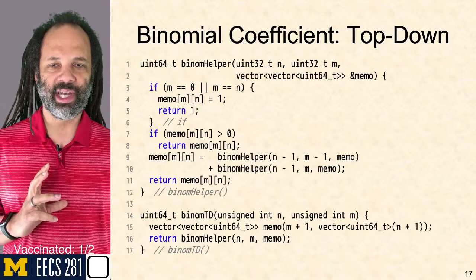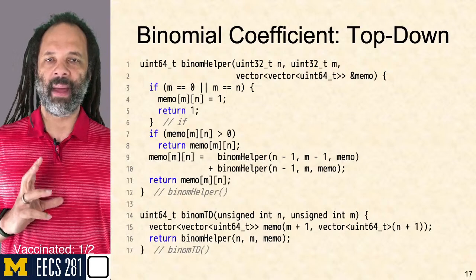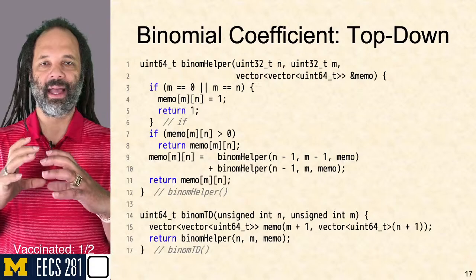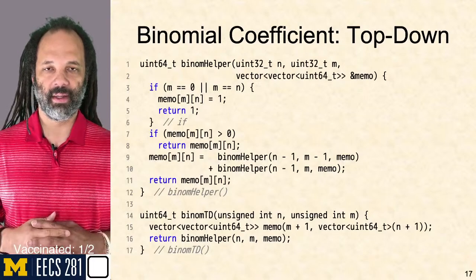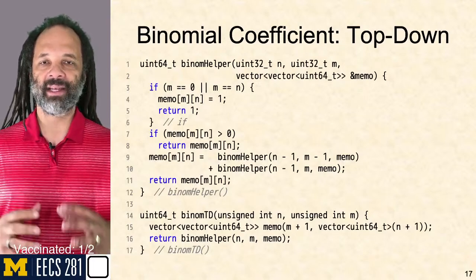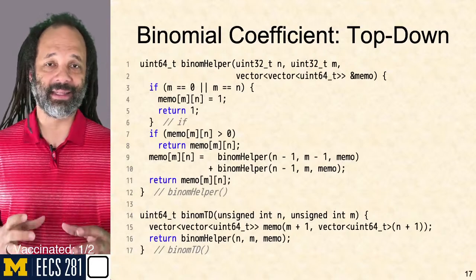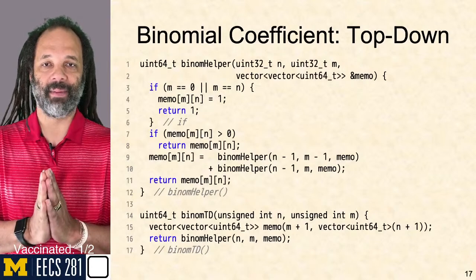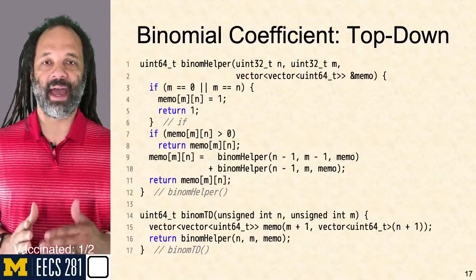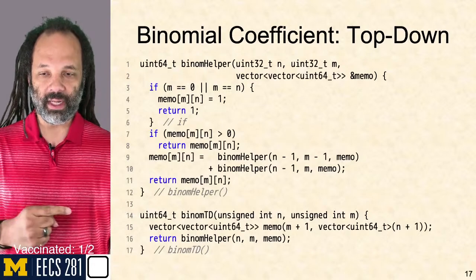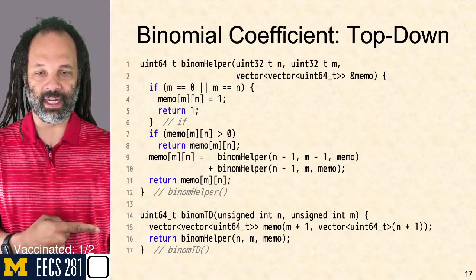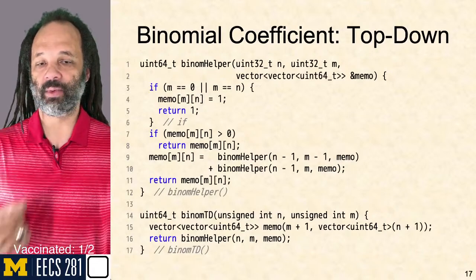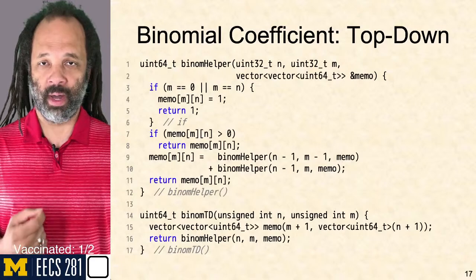What else is nifty about this solution? Remember I talked about having the ability to square brackets at the value that I wanted, right? So now if I'm saying n choose m, I want to square brackets at n, I want to square brackets at m. That's going to make it happen. The only way to do that is if I've got enough room to do it. So you see here in this declaration line 15, I've got this 2D vector, and the size of the 2D vector is m plus 1 by n plus 1.